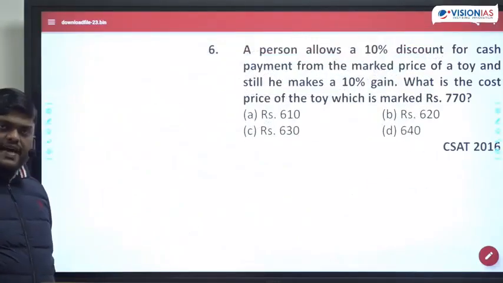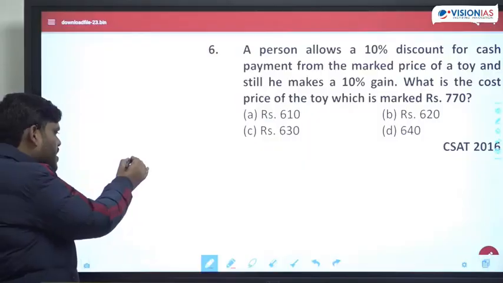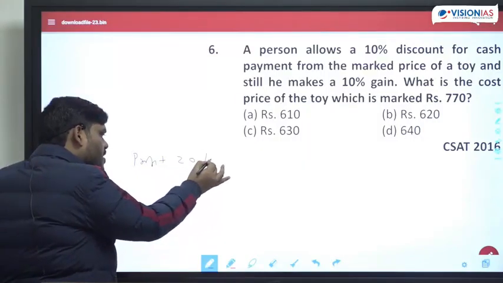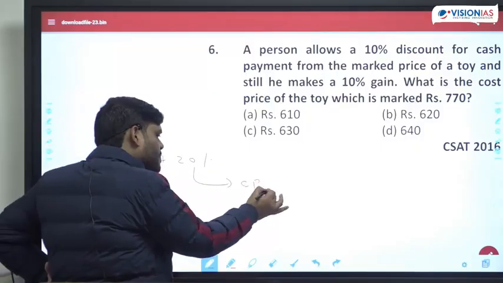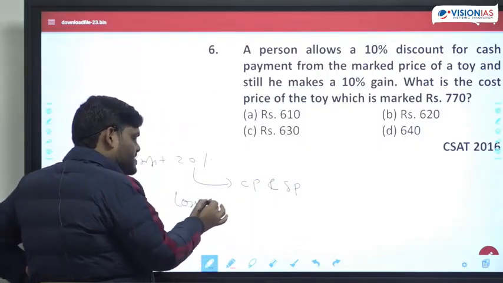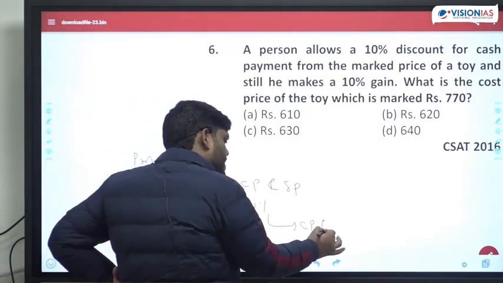Go home today and try to understand 2-3 points. If profit is 20%, find the relationship between CP and SP. If loss is 20%, find the relationship of CP and SP.